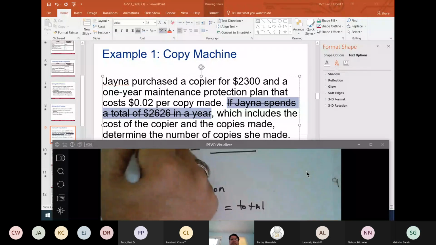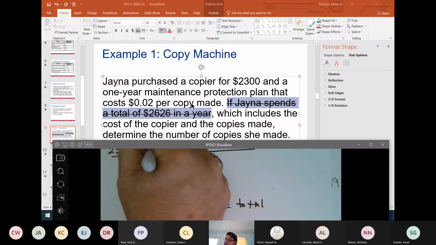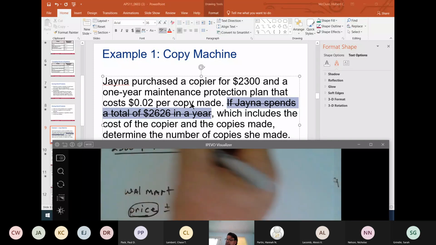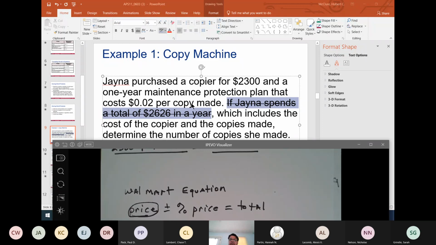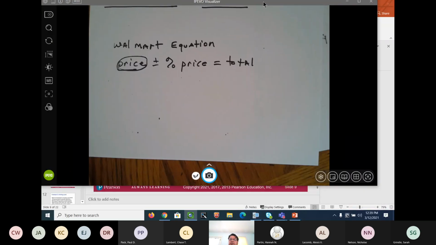plus, and the reason I say plus is it says Jana purchased a copier for 2,300 and a 1-year protection plan, and "and" means plus, that costs 2 cents per copy. 0.02 per X, per copy. And that is how you do that question.